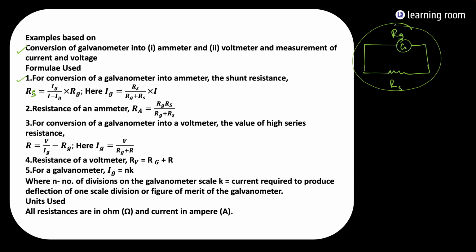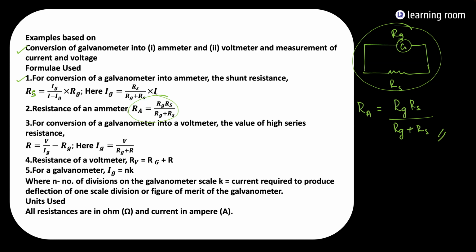So what is going to be the resistance of this? What is the resistance of the ammeter? They both are connected in parallel. When two resistors are in parallel, equivalent resistance is R1 R2 by R1 plus R2. So it will be Rg into Rs divided by Rg plus Rs, and that's what is given here.